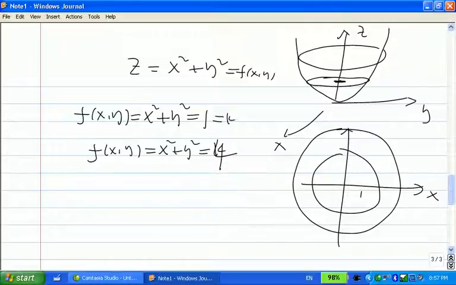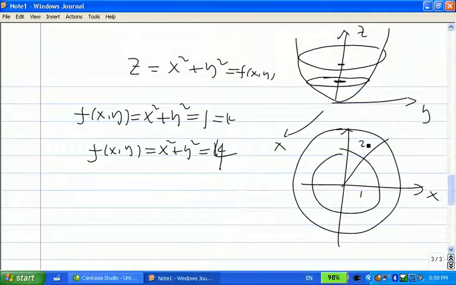So that means you let z equal to 4 here. Z equal to 4 is a plane. At the intersection of the surfaces, you get another curve. This curve is another circle with radius what? It is 2, right? You take the square root. So the radius is 2.